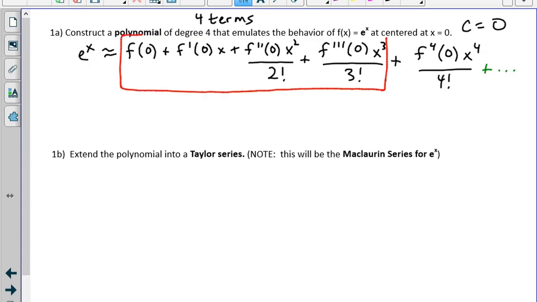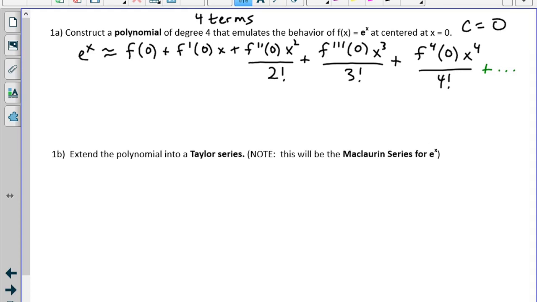The reason is that all 4 of these terms actually exist. That becomes important to note because in the next problem, problem 2, which deals with sine, sometimes some of these terms will actually go away.